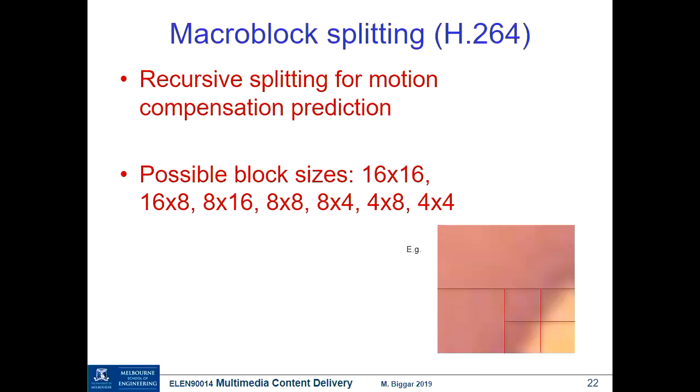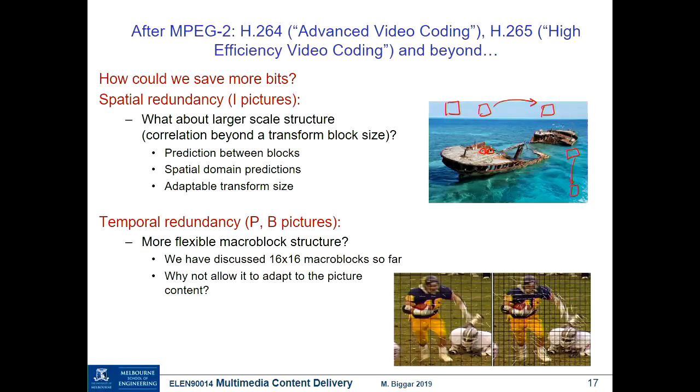Okay, now the second dimension of our improvements, I'll go back just to remind you of where I'm at. So we talked about this one, right, improving our intra-prediction, or taking advantage of redundancy within the picture.